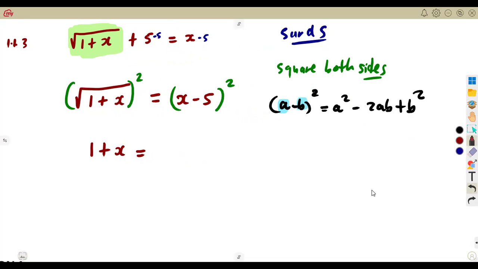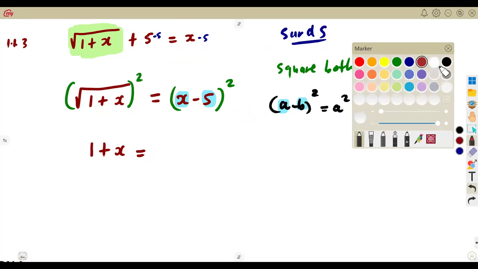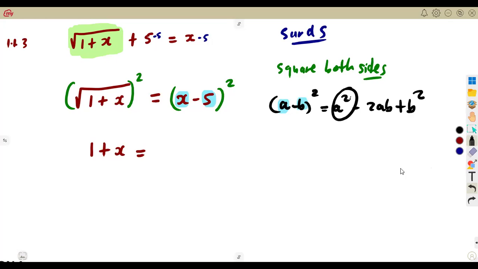So in our case, our first term here is x. Our last term is 5. If you know these identities, it becomes easier. A squared, representing x, is x squared.